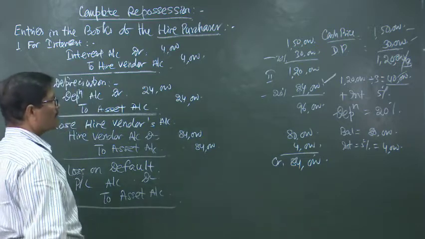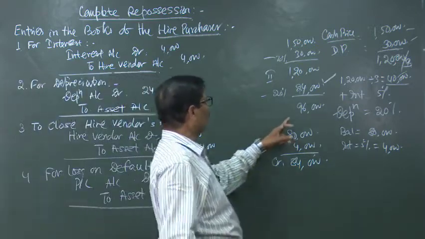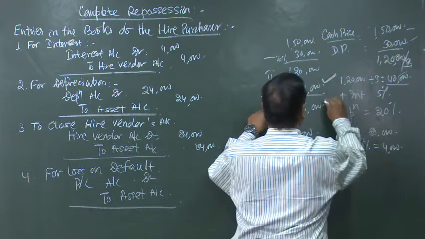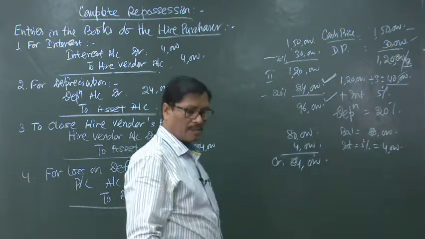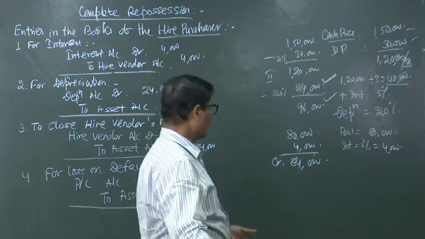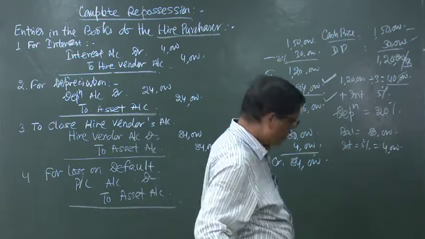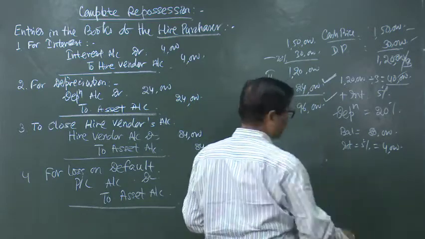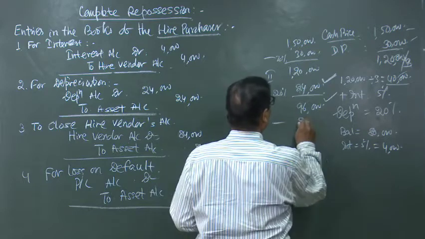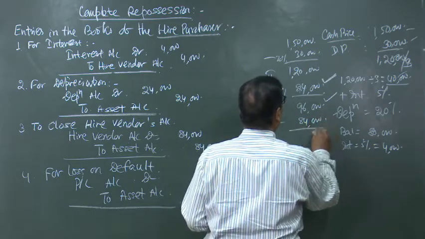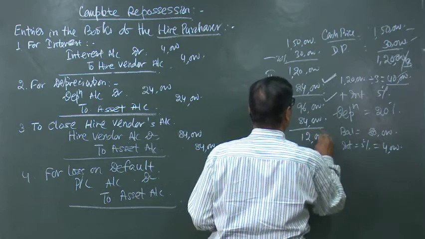Now, what is our loss? Actually, the amount after 24,000 depreciation was coming to 96,000, but he has taken over the asset for 84,000. So there is a loss. What is the amount of loss? 96,000 minus 84,000, so it will be 12,000 loss.